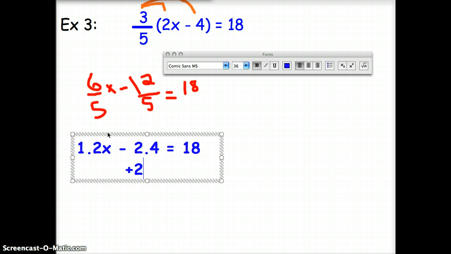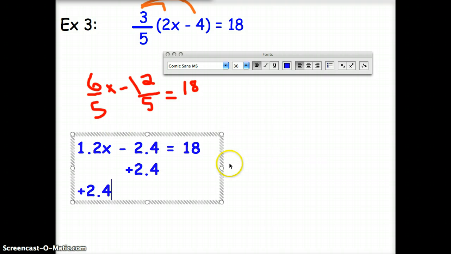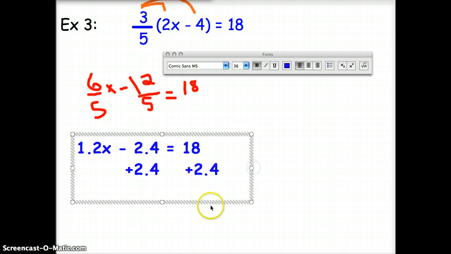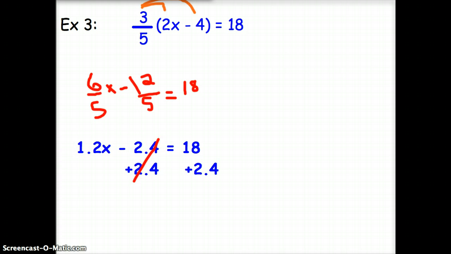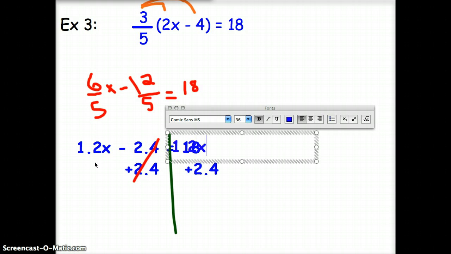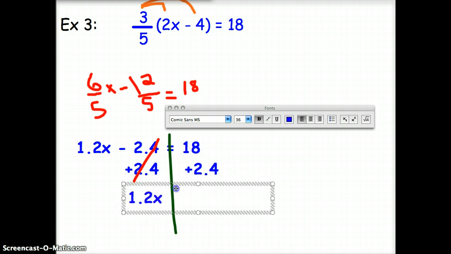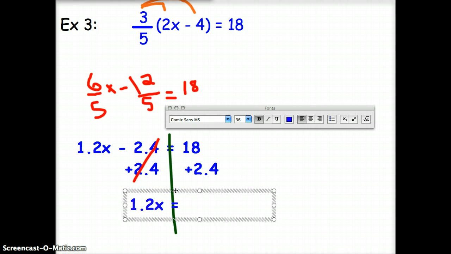Add 2 and 4/10 to each side. Those values cancel. And we're left with 1 and 2/10 x equaling 18 and 2 and 4/10 is 20 and 4/10.